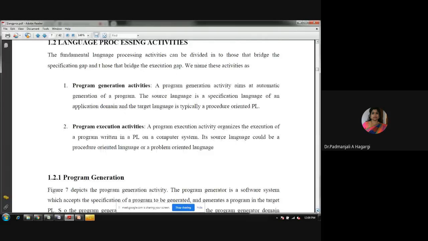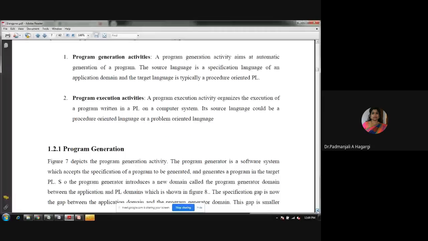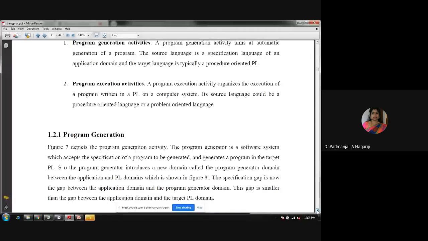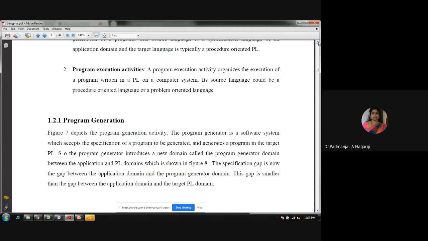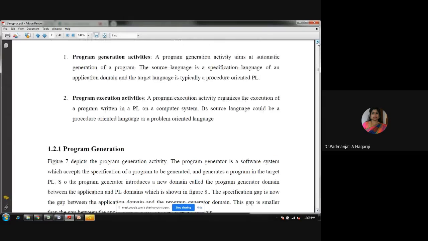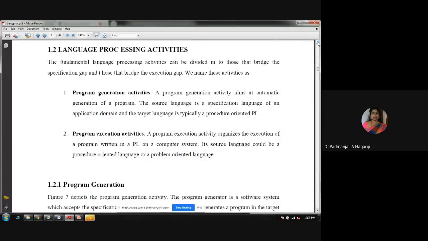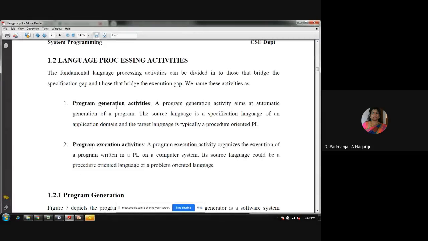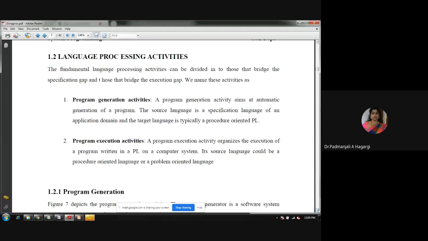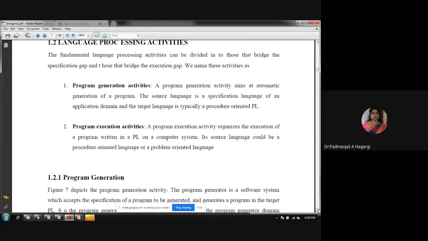The program execution activities. Now here we have, as I said, two activities in the language processing activities: program generation activity and program execution, which is reducing the gap between the application specification domain and execution.